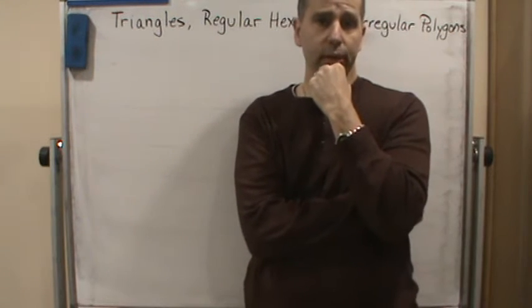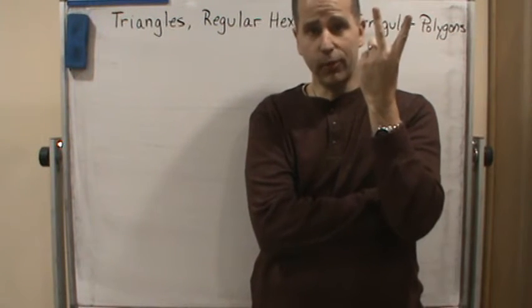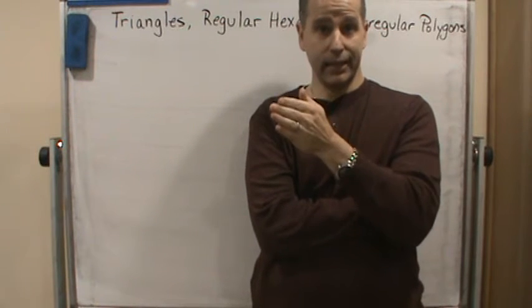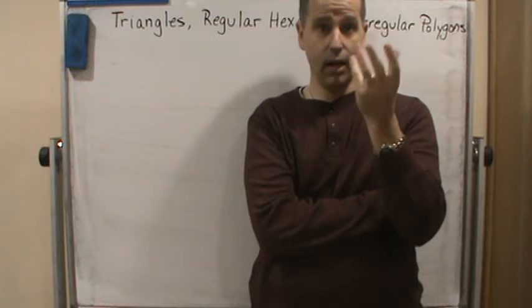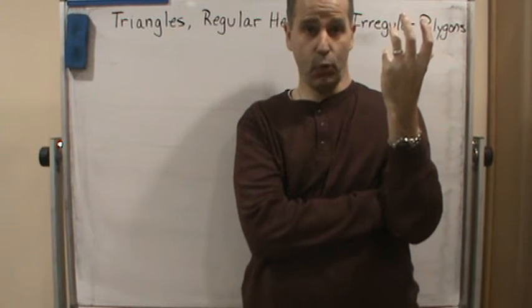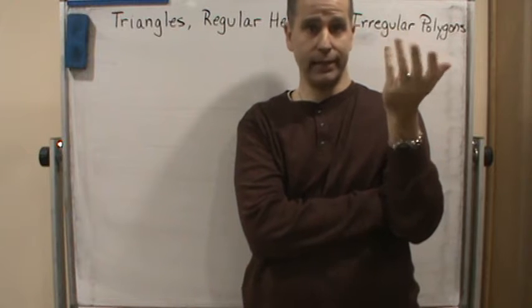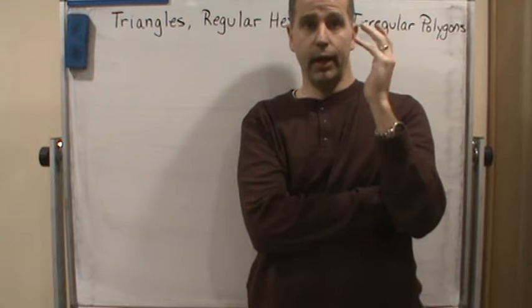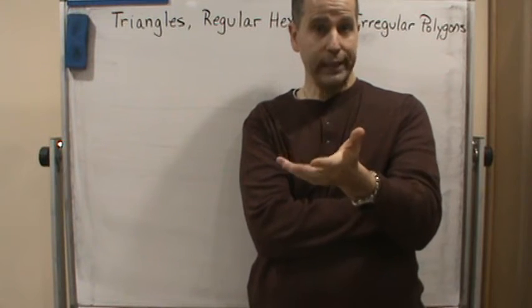But what we can do is use two different methods. We can chop up or divide the polygon into smaller pieces, which gives us shapes that we can use formulas for, for example squares, rectangles, trapezoids, triangles, as long as we know all the information we need to find the area.